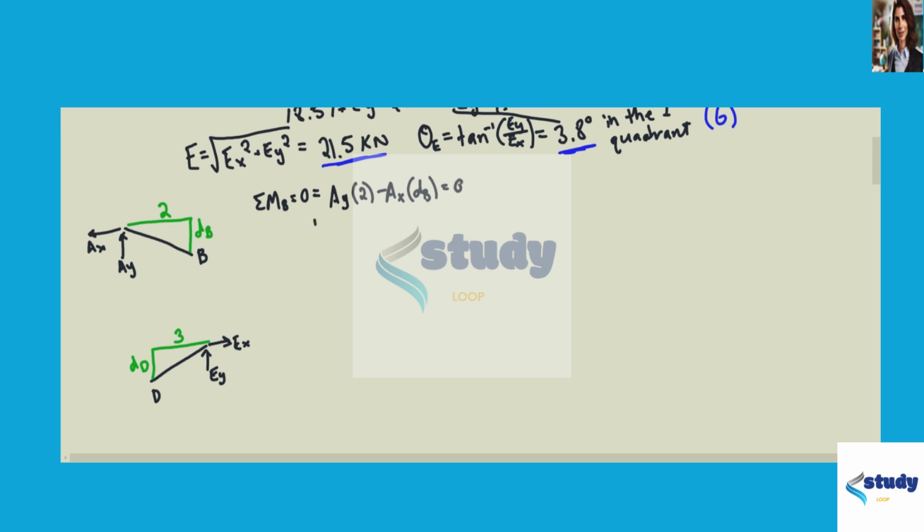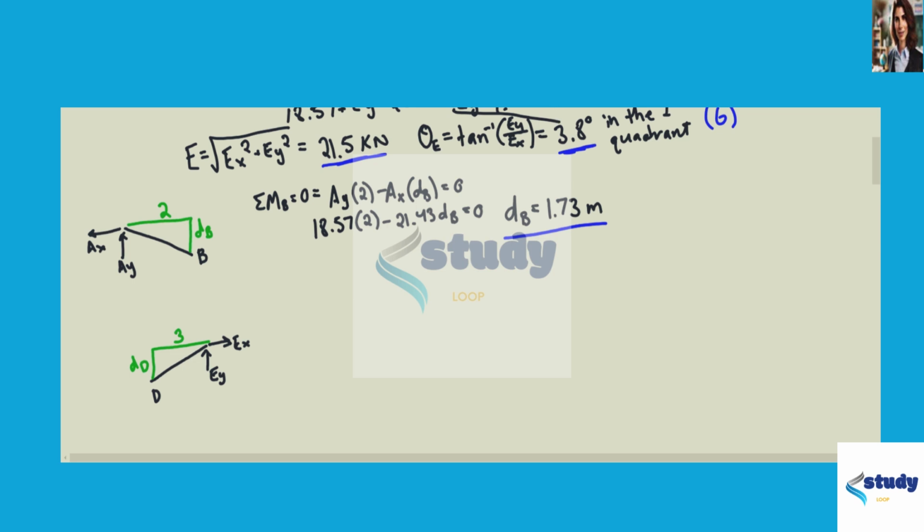So AY is 18.57 times 2 minus AX, which is 21.43 dB, equal to 0. So solving for dB, it will equal 1.73 meters. So that's one answer for A.